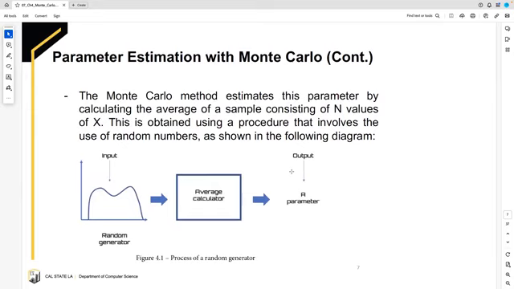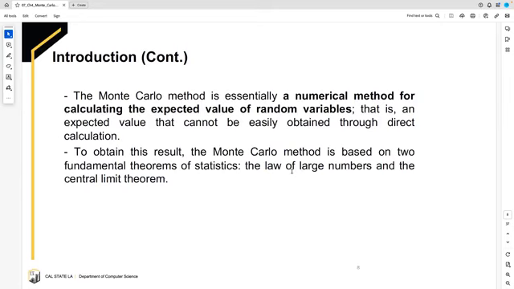You take the average of those samples, and that average should somehow estimate the expected value of the unknown parameter. Okay? So we're gradually introducing Monte Carlo simulation step by step. I don't want to overwhelm you with all the theories. It's just informal definitions, and then we get to see some more formal definitions.